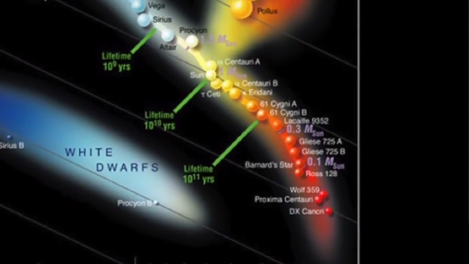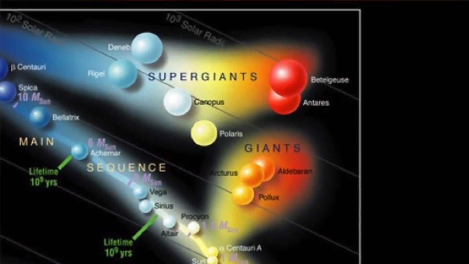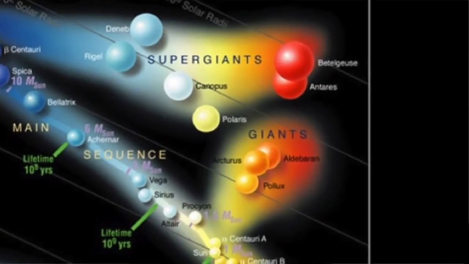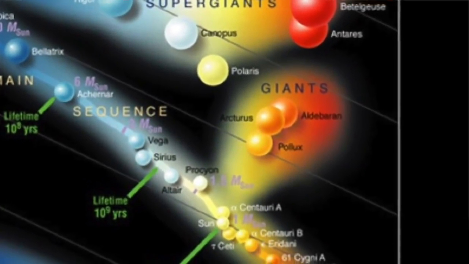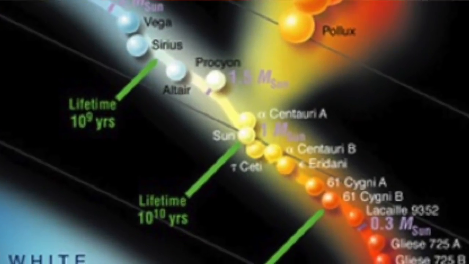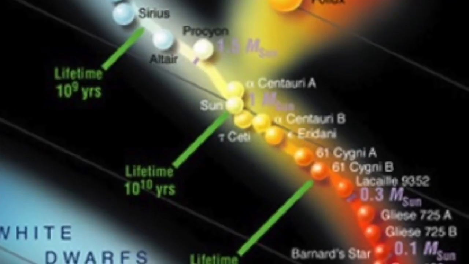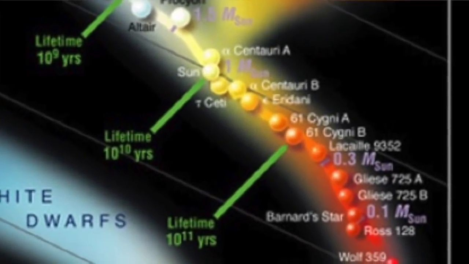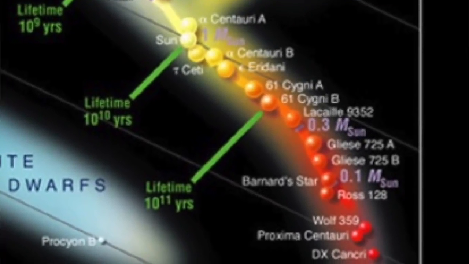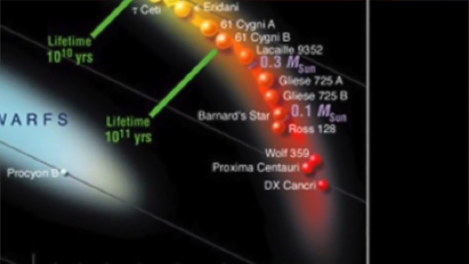In the upper right are the giants and supergiants, which are enormous and cool. The sun is a middle-of-the-road star, a yellow star in the center of the diagram here. The next closest star to us is called Proxima Centauri, and that's one of the small, cool red dwarf stars in the lower right here.